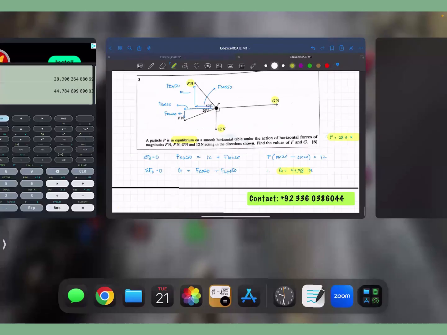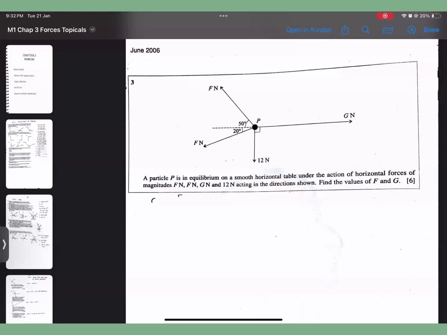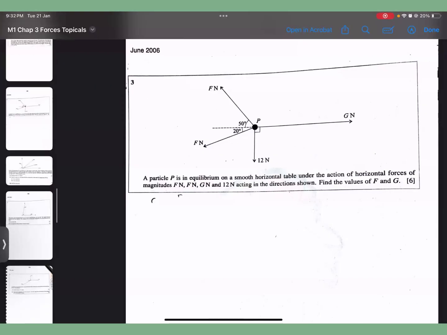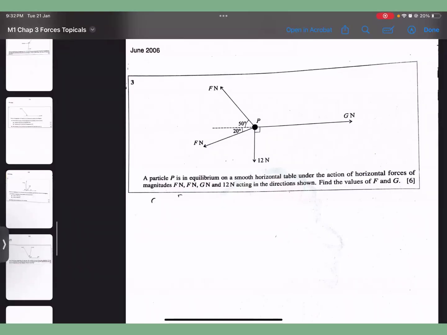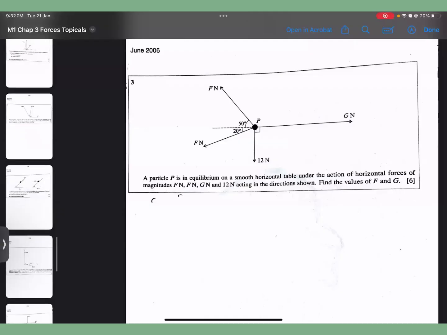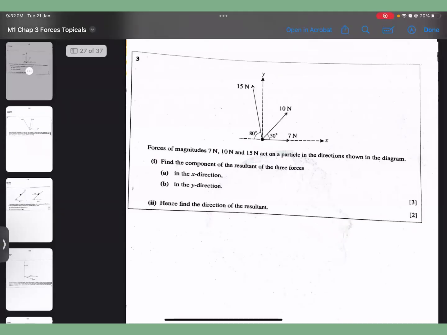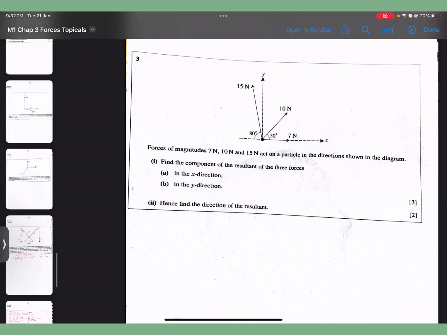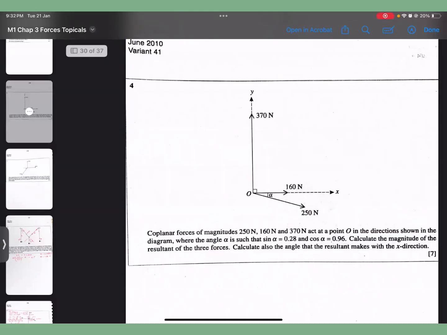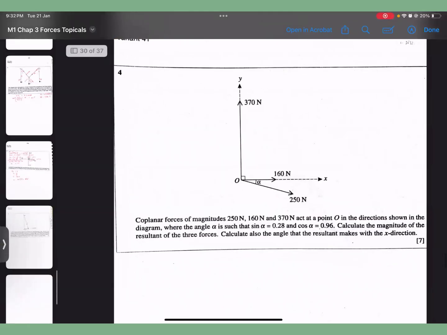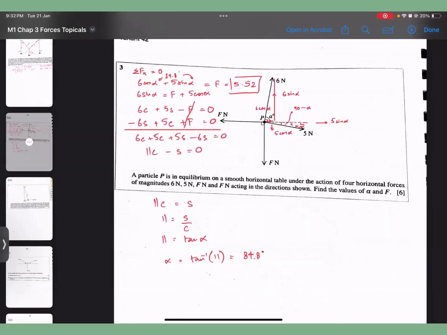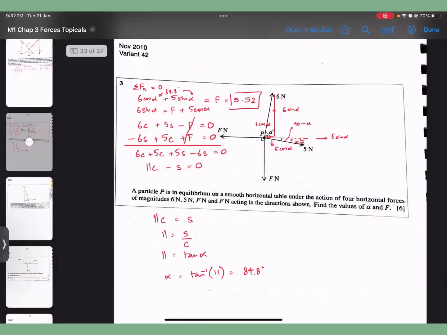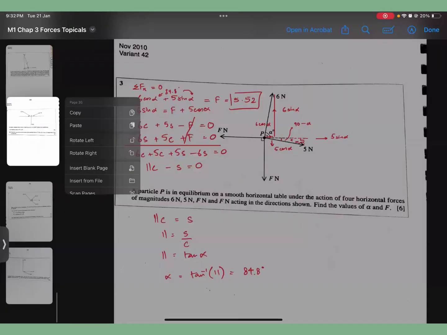Let's see if we have a very complicated, difficult question. This is also the resultant force. This one I've solved over here. Wait a minute.